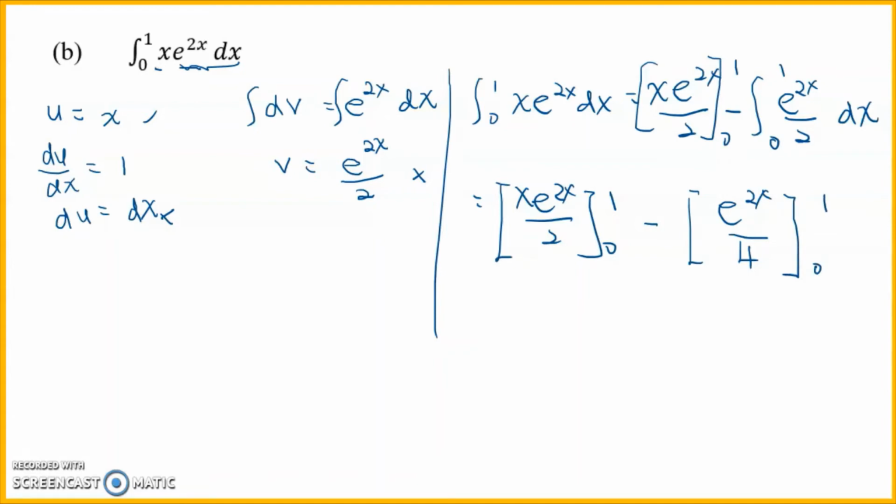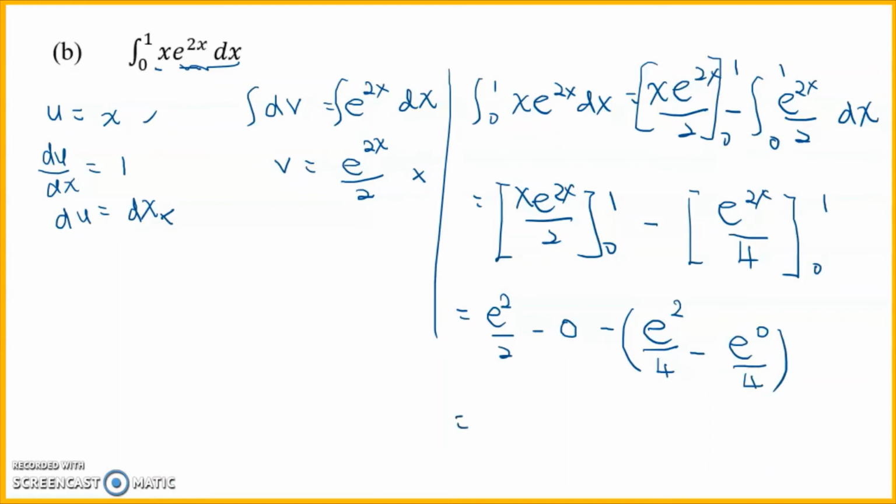So just substitute the limits of integration in. We have e to the 2 divided by 2 minus 0 times e to the 0, so minus 0, and minus e to the 2, when I substitute 1 in, over 4, minus e to the 0 over 4.